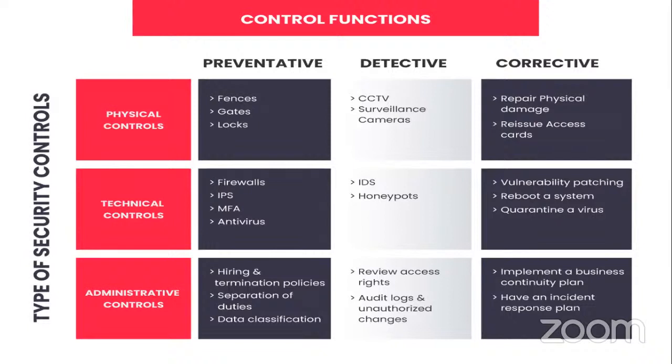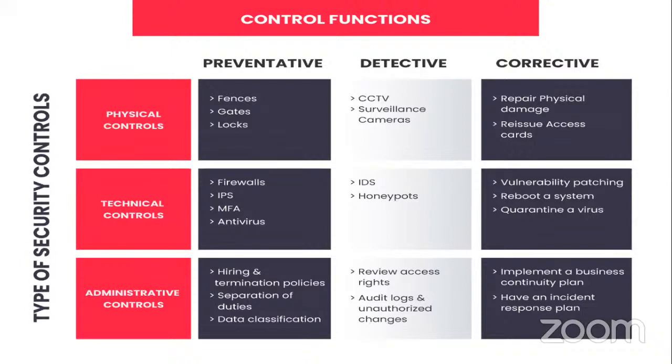Or maybe the key card components were manipulated, and from the detective controls you feel your key cards might be compromised. So you end up repairing the physical damage: putting up the fences again, putting up the locks once more, putting up new CCTVs. These are corrective controls. Then you recall all physical key cards and give people new key cards to access with. So those become corrective physical controls.